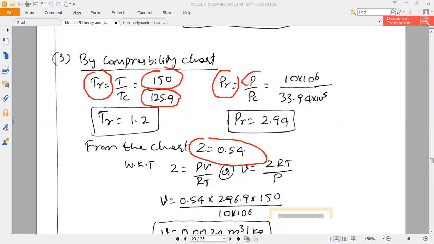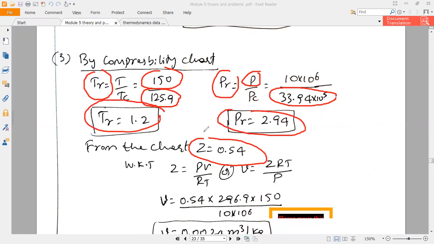Substitute here. Here also the existing pressure is 10.24, and this is the critical pressure taken from the data handbook. Find out TR and PR. Once you find TR and PR from the chart, you get Z equal to 0.54.